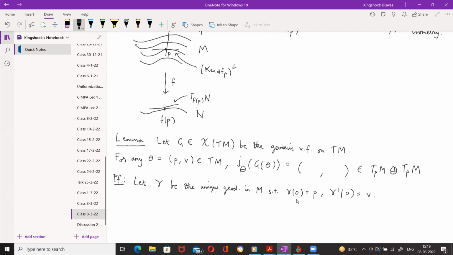Then G theta is equal to d/dt at t equal to 0 of the curve in the tangent bundle (gamma t, gamma prime t), right? Yes. So by definition, this will be an element of T theta TM.